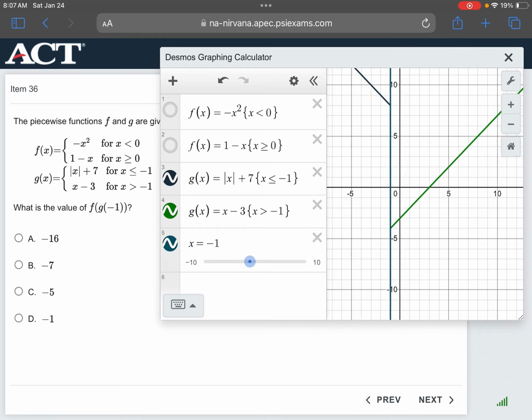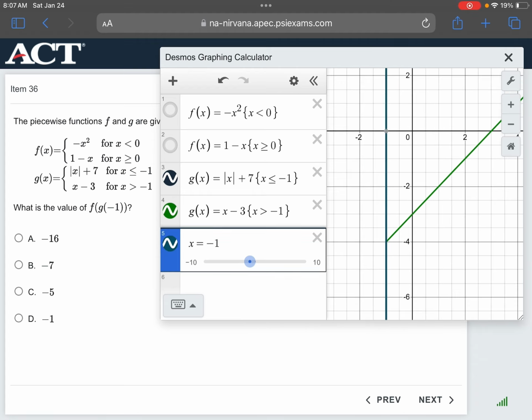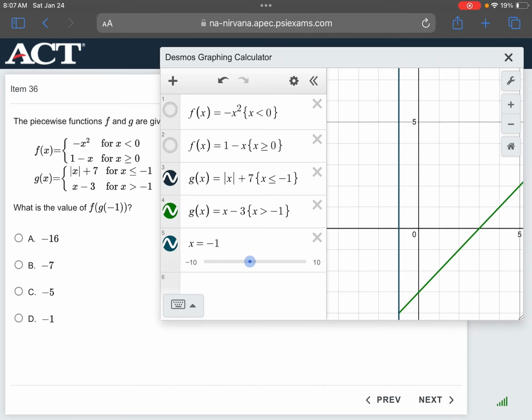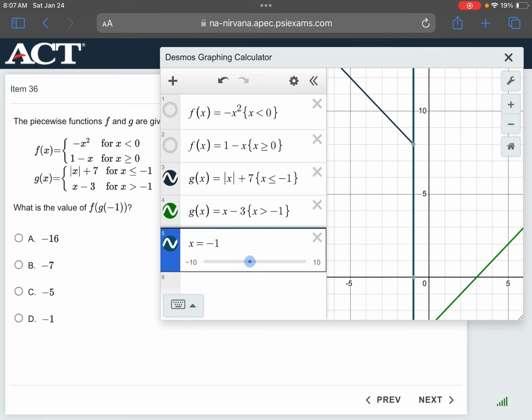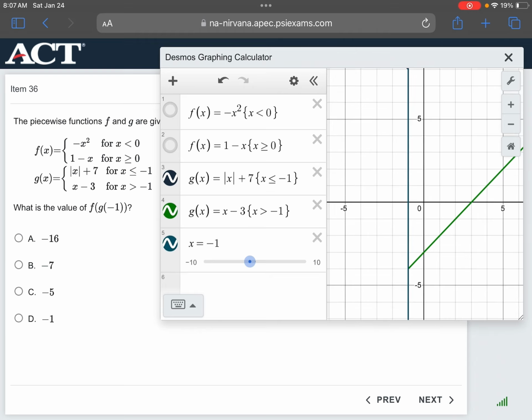But if I try to do it with the green line, notice Desmos doesn't do the calculation for me. With this one, I just click close to it and it gives me an ordered pair. Boom, I have it. But if I try to do that with the green one, it doesn't give it to me, and I have to drag this around and try to get it on there.